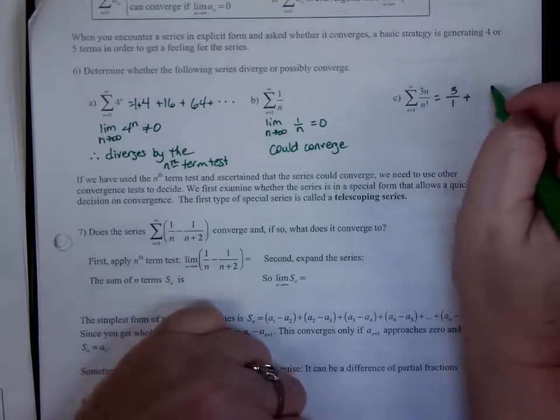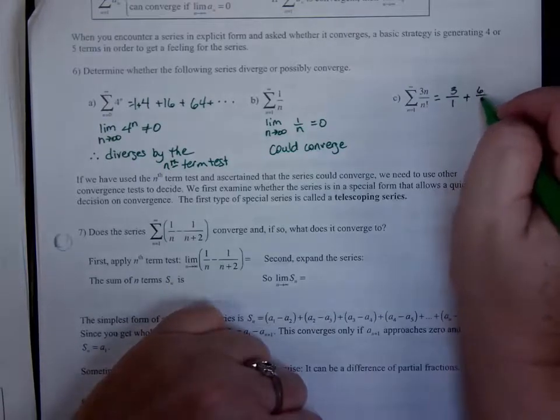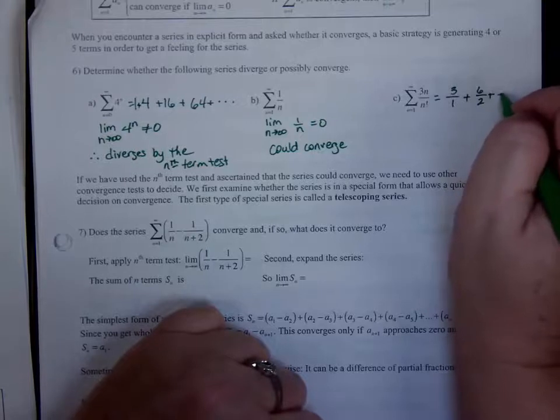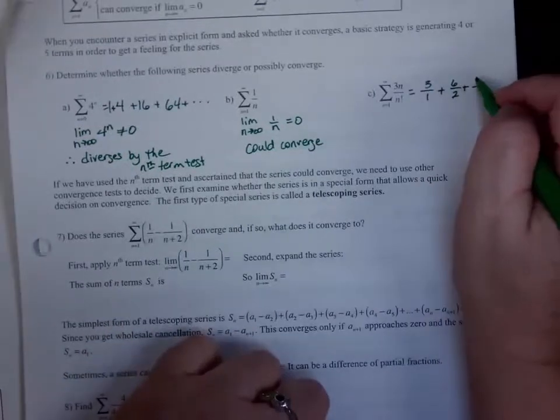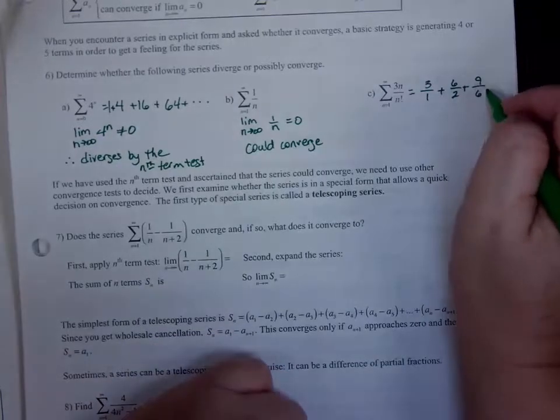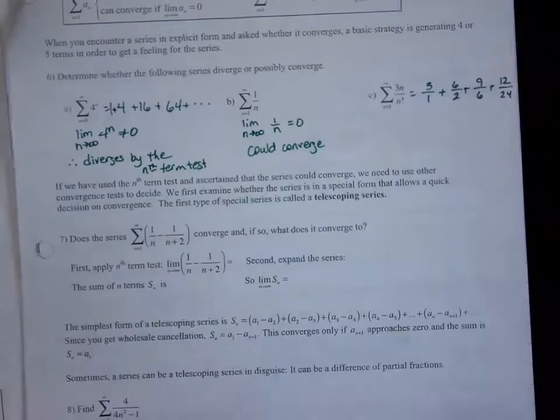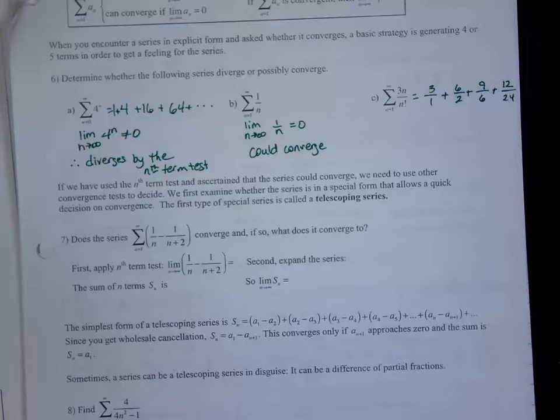Plus, go to the next term. 6 over 2 factorial is 2. Third term. 9 over 3 factorial is 6. And then let's go one more. That's 12 over 24.